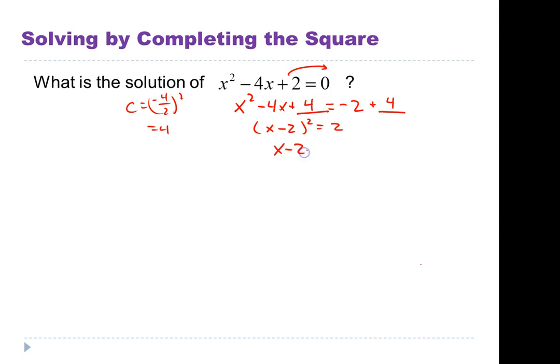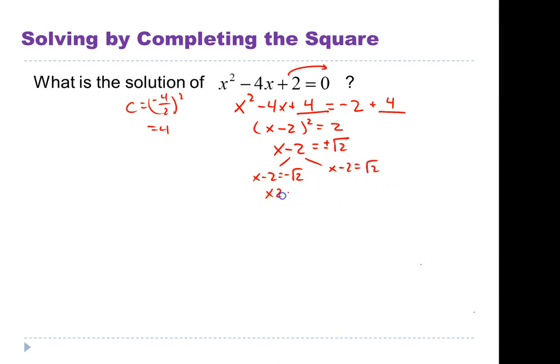So this becomes x minus 2 on the left, and on the right I'm taking the square root of 2, which is plus or minus radical 2. So x minus 2 equals negative radical 2, and x minus 2 equals positive radical 2.